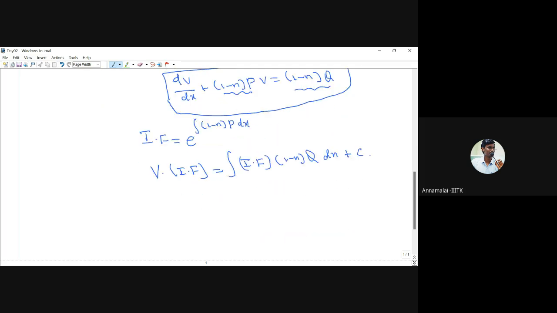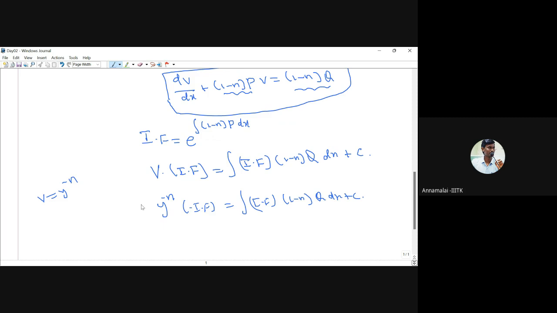Now we know that v is nothing but y power 1 minus n, so finally we have to replace v: y power 1 minus n into integrating factor equal to integral of integrating factor times this. This is our required solution for Bernoulli's equation.